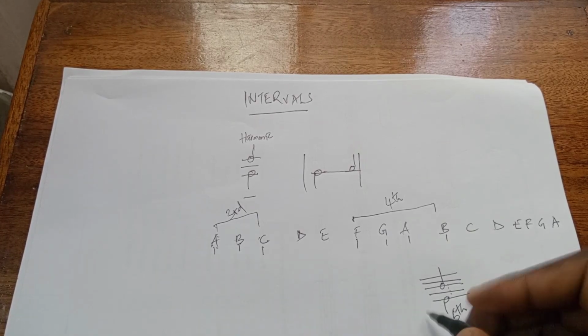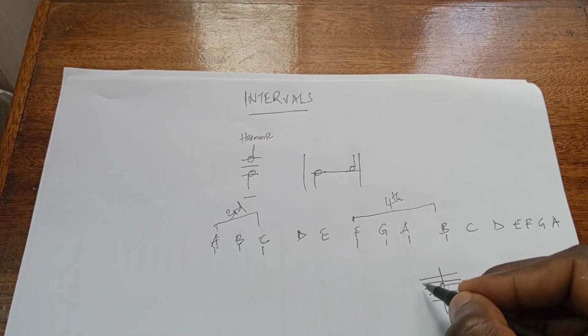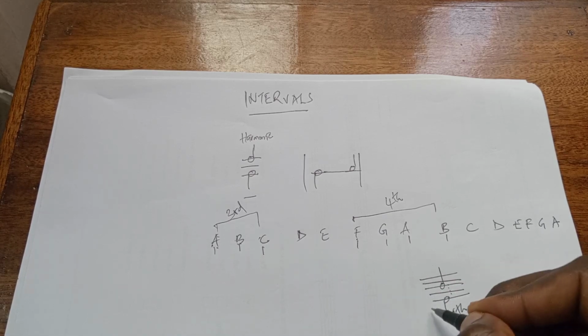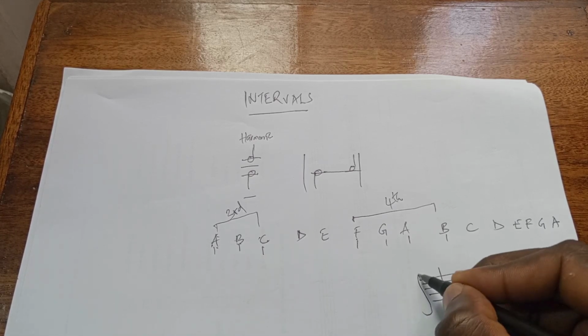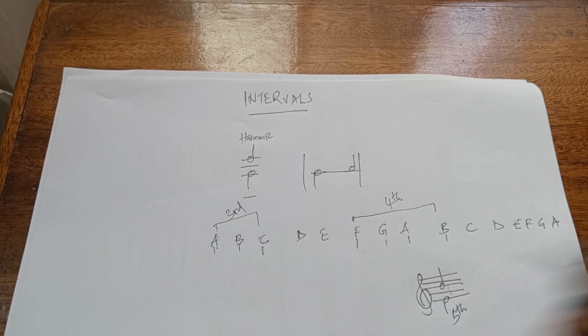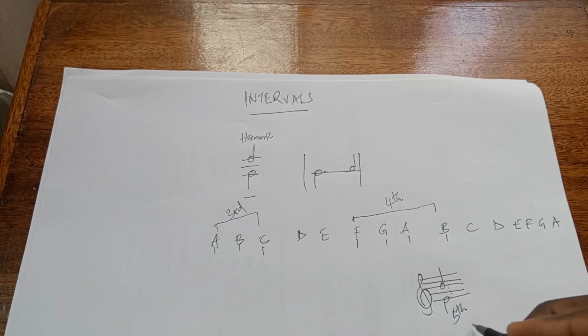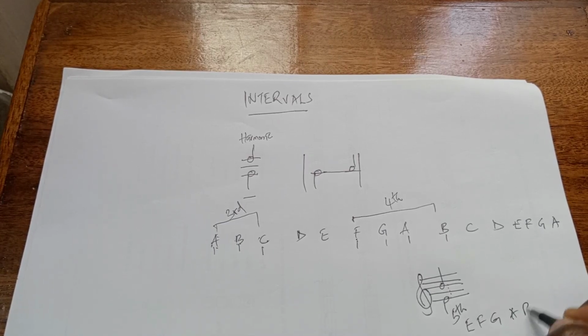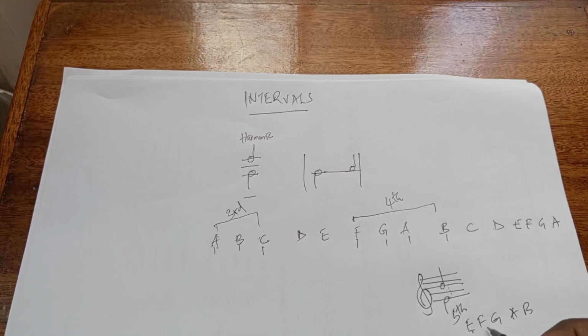Or if it has a clef, let's say it is on a G clef, this one is from E, then it goes to B. So we have E, F, G, A, B. If you count all of them, the letters involved are 1, 2, 3, 4, 5. So this one becomes a fifth. That's how you can describe an interval by number.